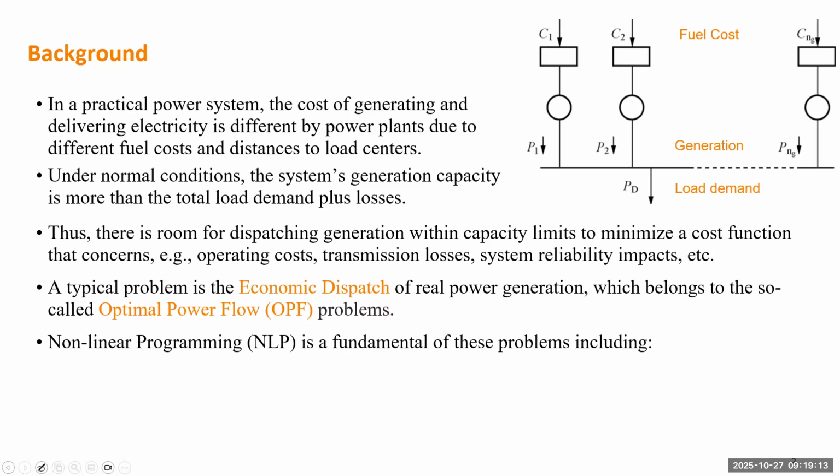And this optimal power flow problem actually falls into another, broader problem in mathematics, which is called nonlinear programming, or NLP problem. The nonlinear programming problem has two types, and we'll go through the simplest type. Then we gradually move to one type of nonlinear programming problem which is very close to our economic dispatch problem.